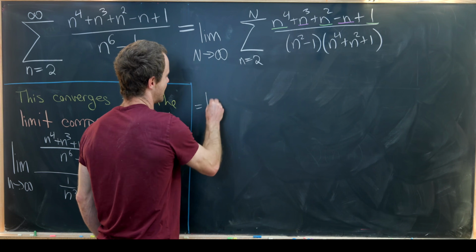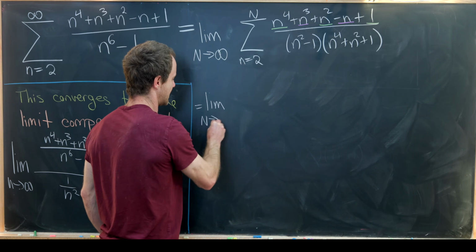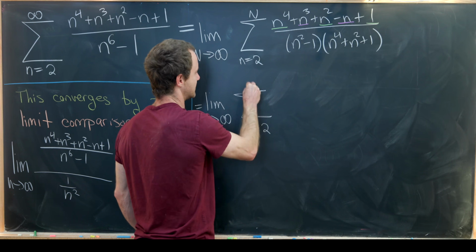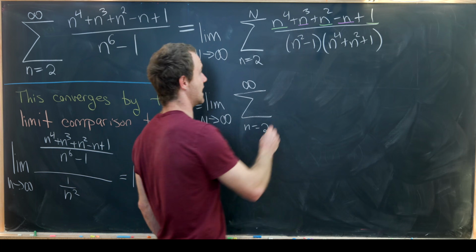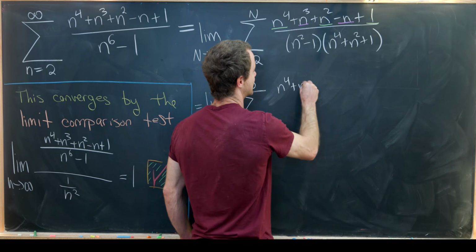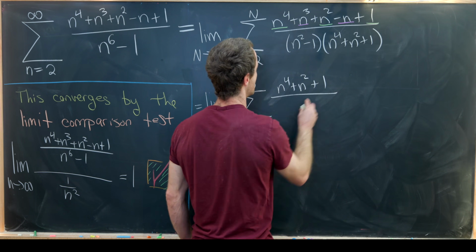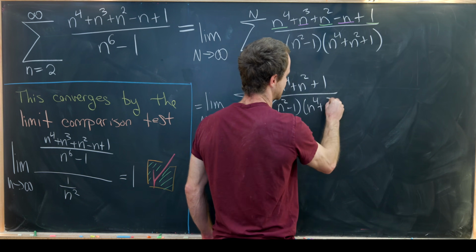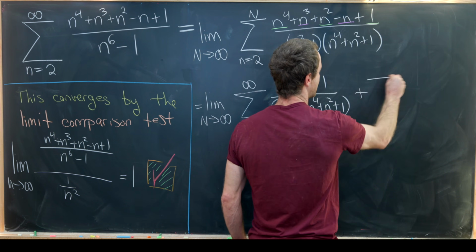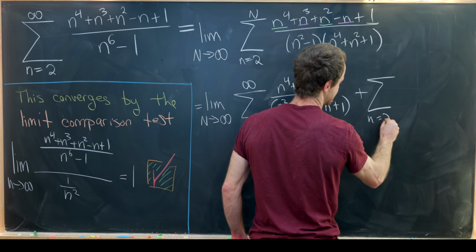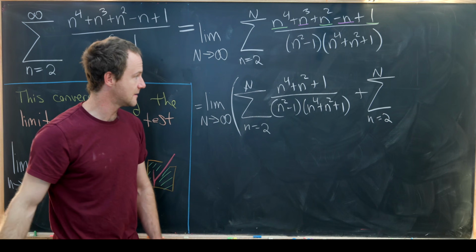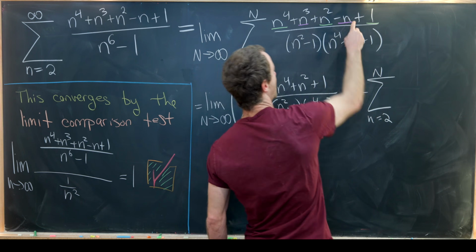So here we'll have the limit as capital N goes to infinity, and then we'll have the sum as n goes from 2 up to infinity of n to the 4th plus n squared plus 1 over n squared minus 1 times n to the 4th plus n squared plus 1, and then plus another sum as n goes from 2 up to capital N. Sorry, that should have ended at capital N. And now we'll have this purple bit.